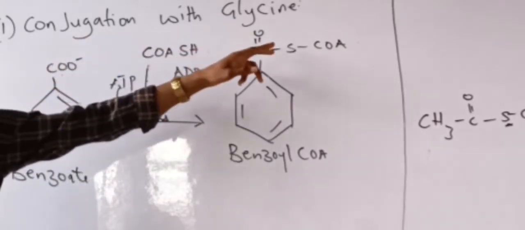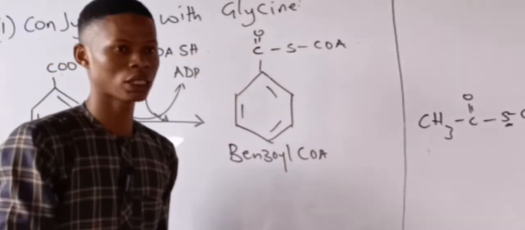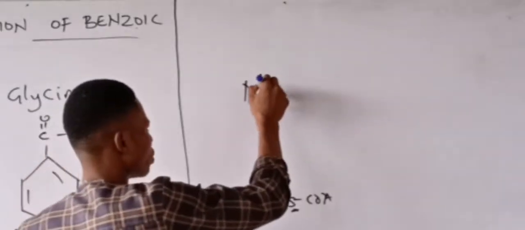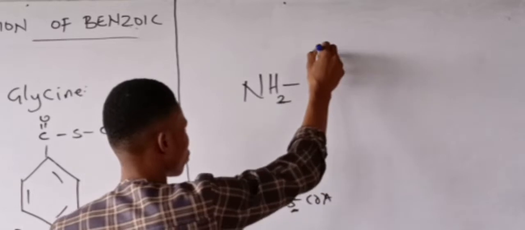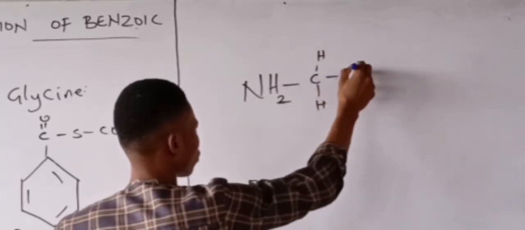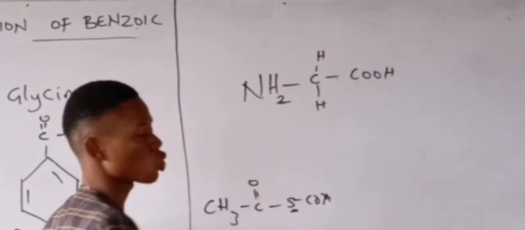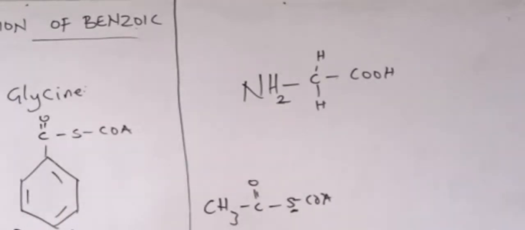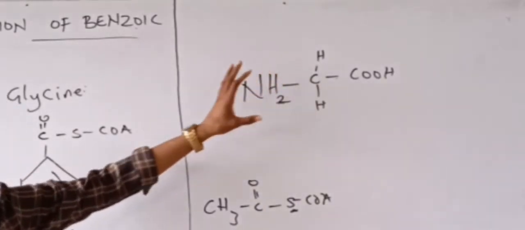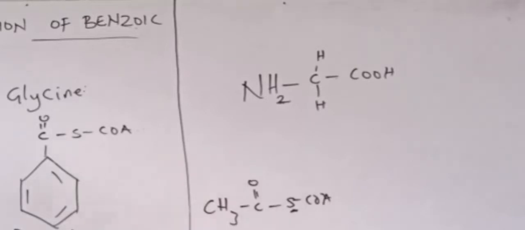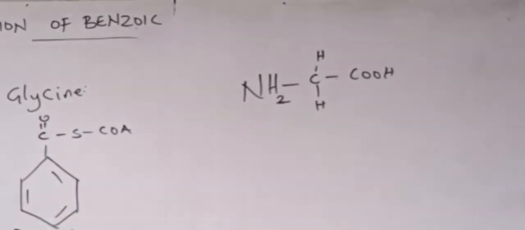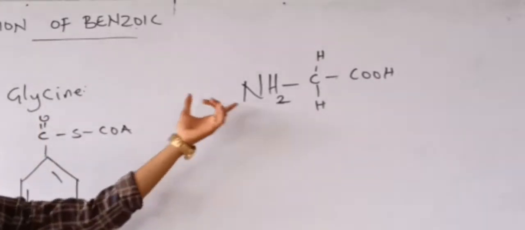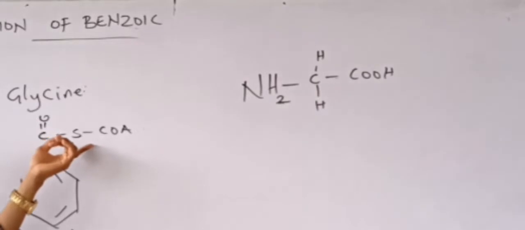Now, benzoyl CoA can then undergo conjugation with glycine. Remember the structure of glycine. Glycine is an amino acid, right? This is the structure of glycine. Now we want to attach the whole of this with this. Let me clean this so I can make it straight. If you want to attach this with this, what will happen is the CoA will be going out.